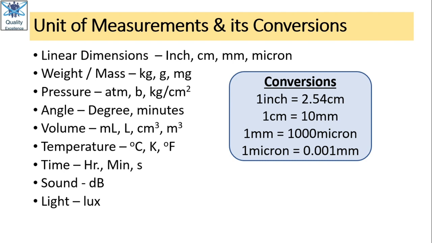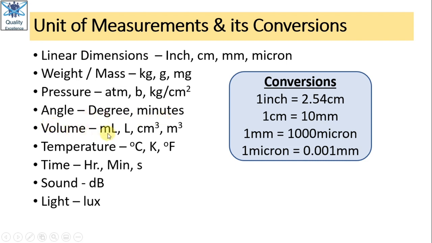Now you can be asked about units of measurements of different types and their conversions. So let us go through one by one. What are the units for linear dimensions? Inch, centimeter, millimeter, micron, etc. For weight or mass: kilogram, gram, milligram. For pressure: atmospheric, bar and kg per cm square. For angle: degree, minutes.